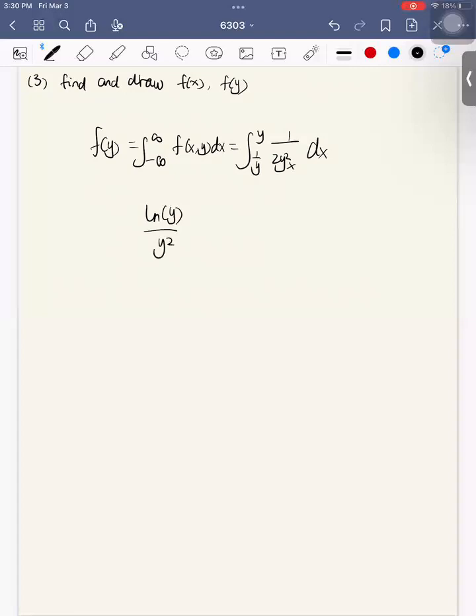The range for y is from 1 to infinity. So for f_Y, it looks like that.